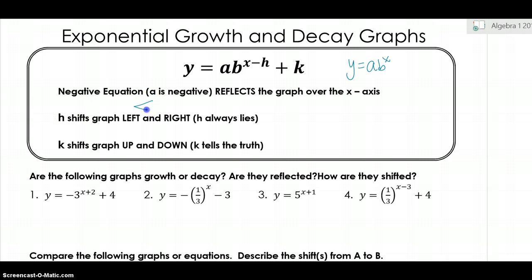H is going to shift left and right. So if it says something like x minus 3, it's actually going to shift right 3 because H lies. It does not tell the truth. It's a fibber, okay? But if it said x plus 3, that shifts left.